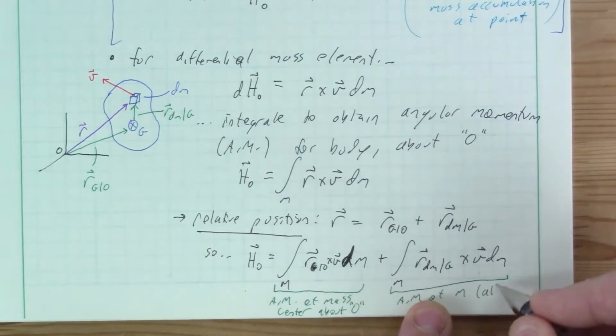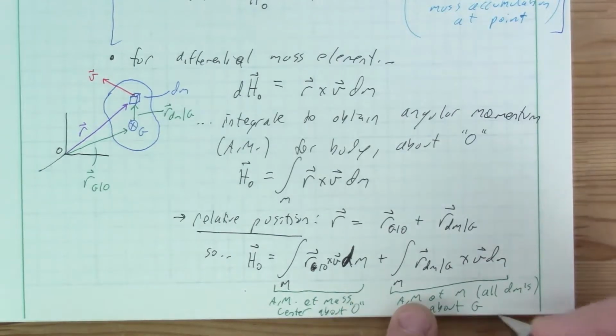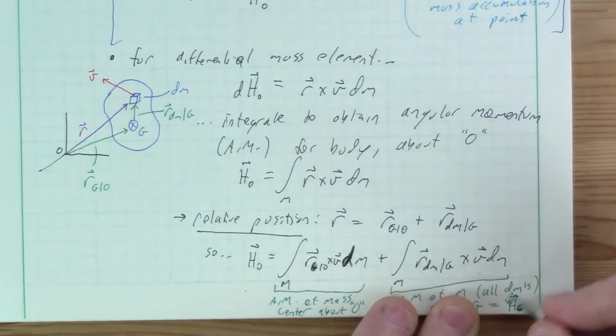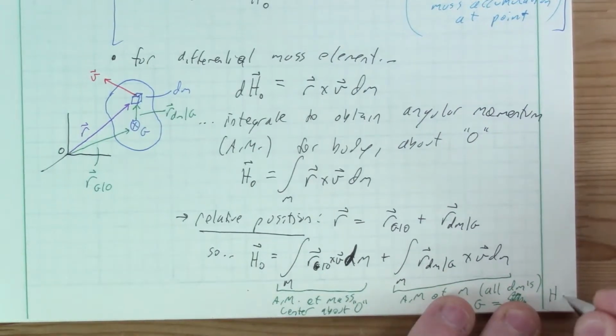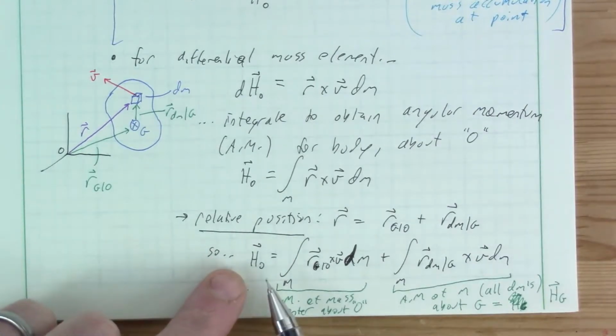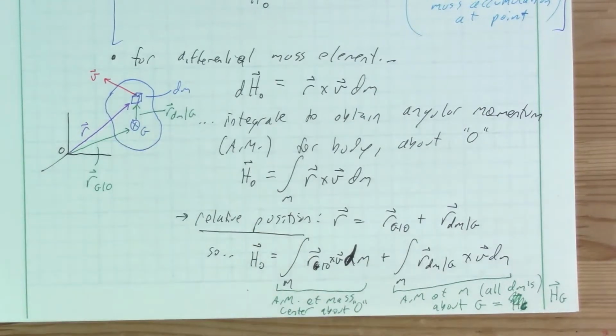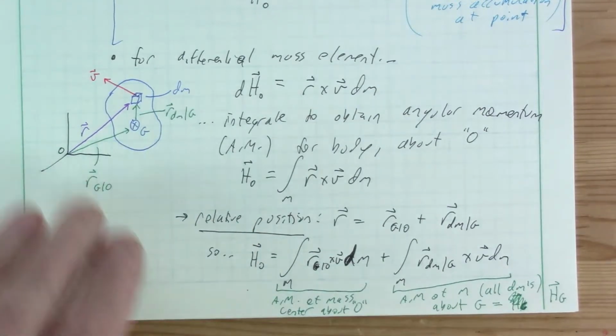So what we're doing is accumulating all the dm's about G. All right, so this we can call the angular momentum about point G, right? And there, hey, we're getting a relationship. Let me rewrite that. Hg. Okay? We now are relating the angular momentum about O to the angular momentum about G, right?